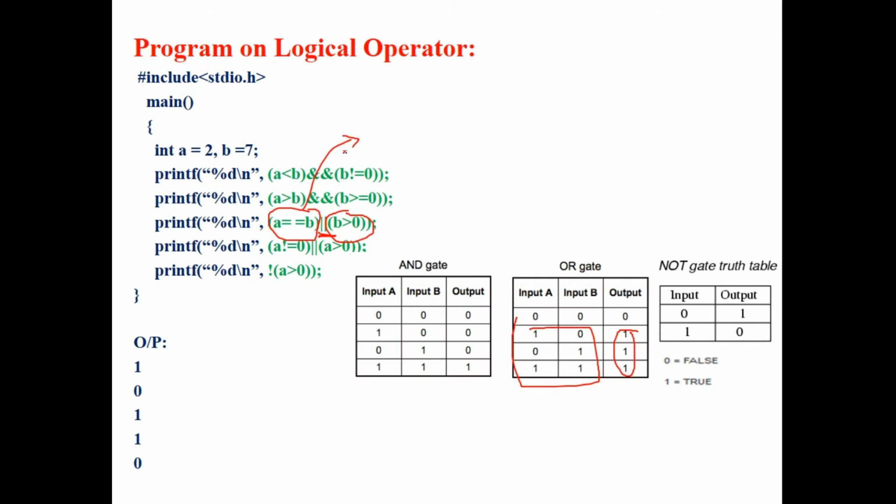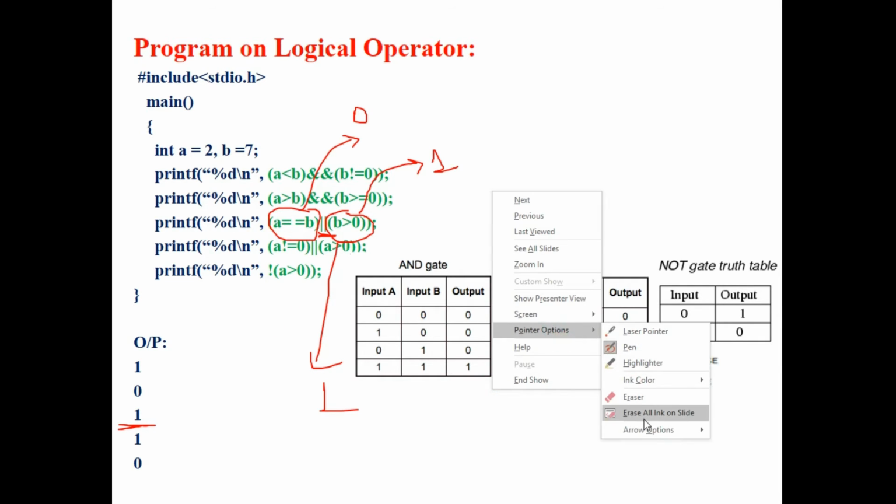A is equal to 7, whether 2 is equal to 7, no, so it will be 0 or false. Whether b is greater than 0, whether 7 is greater than 0, yes, so it is true, so it will give the value 1. But what we want for logical OR is at least one value being 1 among all the inputs, so we will get the output as 1. So this is your third value, you will get output as 1.